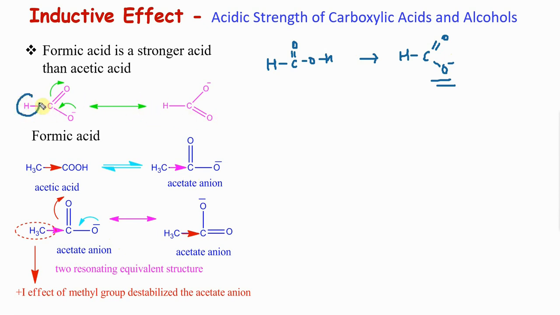It is decided by the group attached. The group is not helping resonance at all between formic and acetic, so resonance stays the same. Then how come formic acid is stronger? Because the methyl group has a plus I effect. It is giving electrons, which destabilizes the negative charge, since it is pushing more electrons toward the negative charge. Hence formic acid is stronger than acetic acid.